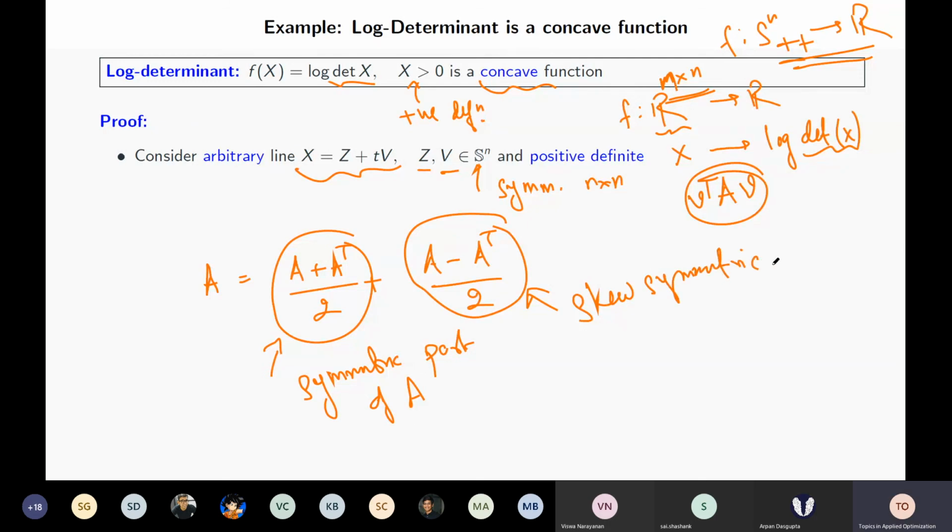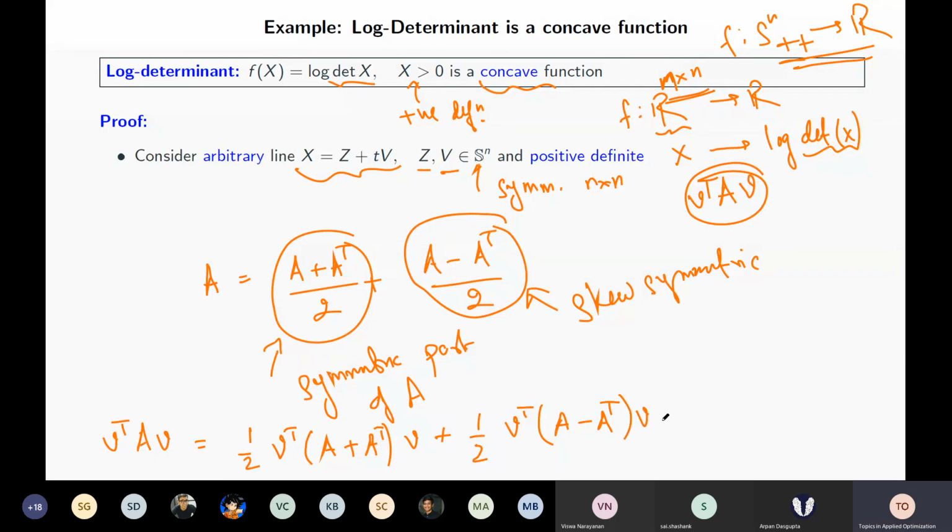So what will happen if I do V transpose AV? Because for positive definiteness, what I want to check is V transpose AV, right? So this will be half of V transpose (A plus A transpose) V, and this will be half of V transpose (A minus A transpose) V, right?